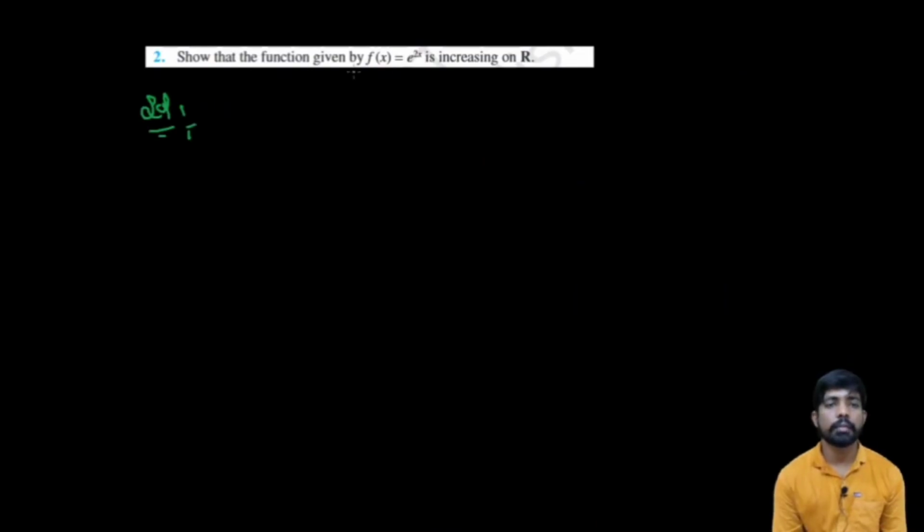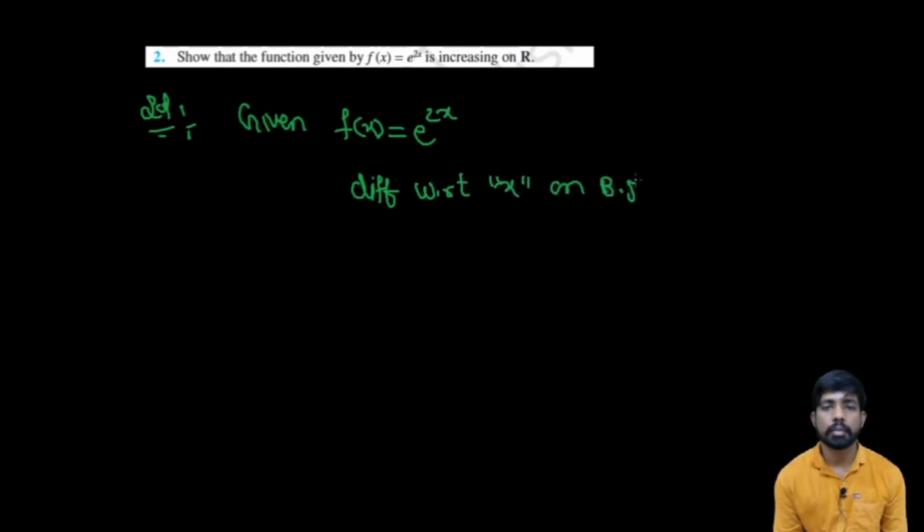Second question: show that the function f of x is equal to e to the power of 2x is increasing on real numbers. First we write the given function, f of x is equal to e to the power of 2x. Now differentiate with respect to x on both sides. So f dash of x is equal to differentiation of e to the power of 2x.